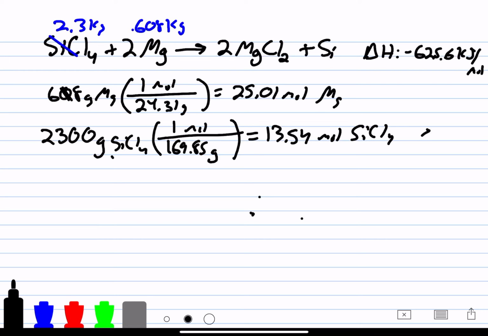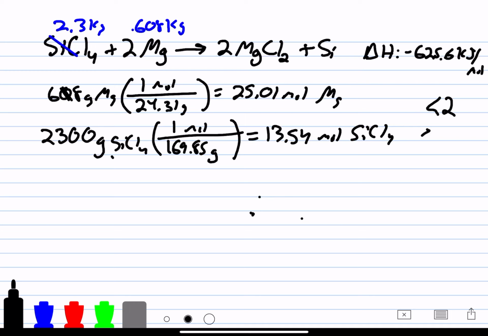Well, we know we need to have twice as much magnesium as silicon tetrachloride. But if you look at this, if we were to divide the amount of magnesium we have, 25.01, by the amount of silicon tetrachloride we had, 13.54, that number would be less than 2.